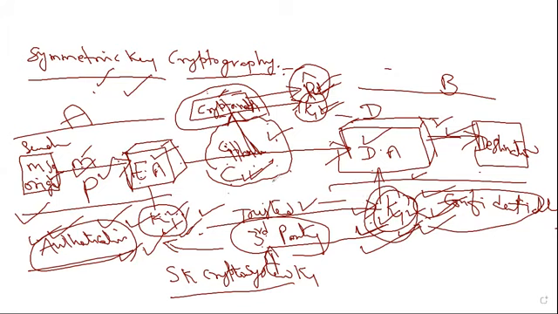Only these two parties must know key K1, right? So we can also call it secret key cryptography, or we simply call it conventional cryptography, conventional encryption and decryption, right? So like that, we can see about symmetric cryptography. Okay, this is all about symmetric cryptography.